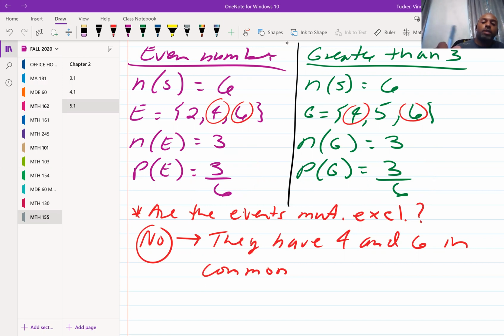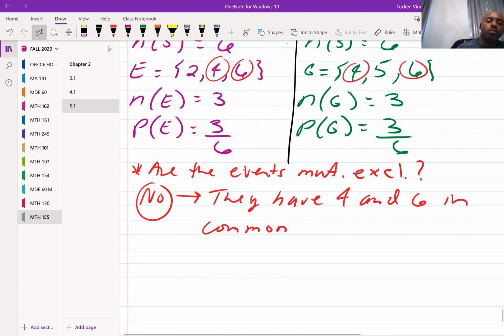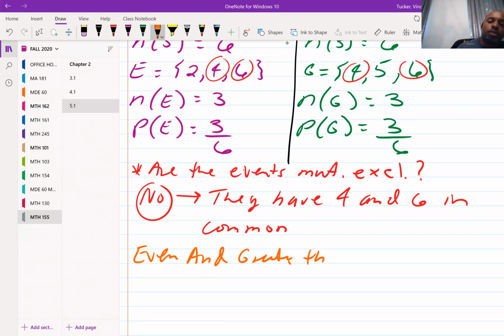So that means we need to find a probability of even and greater than 3.